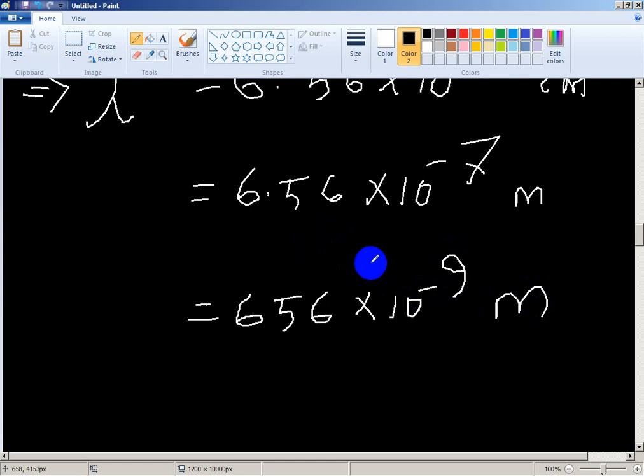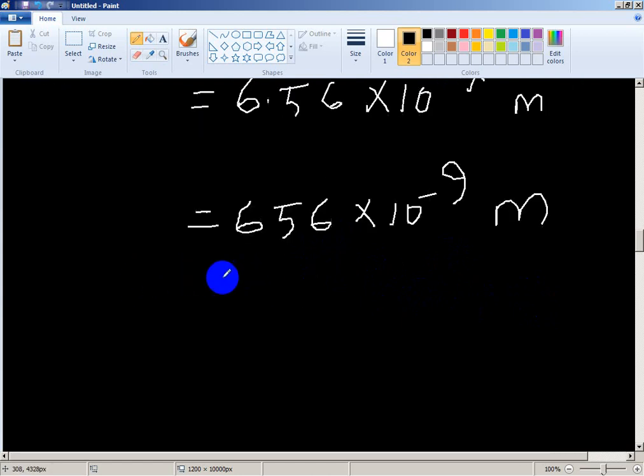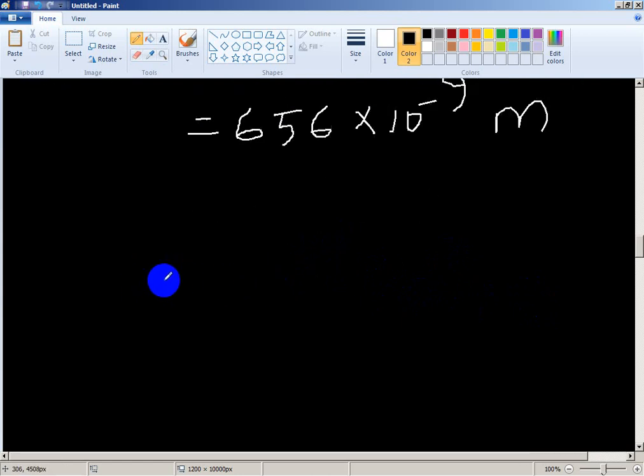So we know 1 times 10 to the power minus 9 meter equals 1 nanometer.